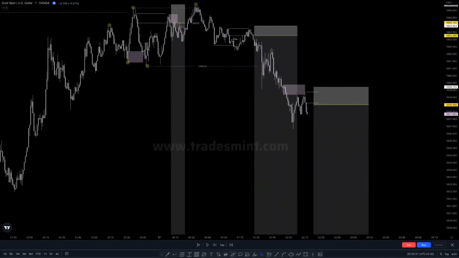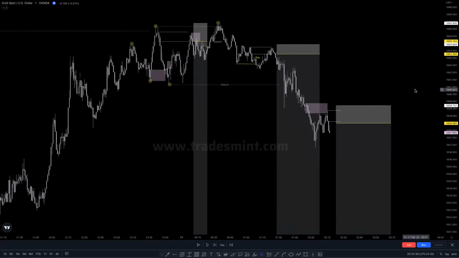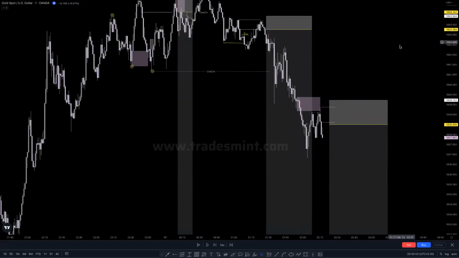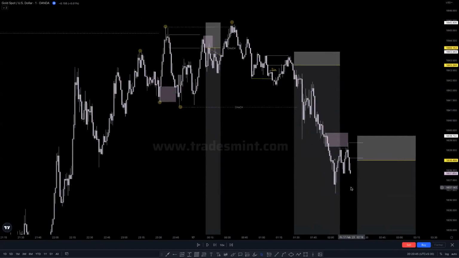And when price broke this one, this became our break of structure in the 1 minute time frame. And this is our first entry, I mean the next entry after taking out the inducement.